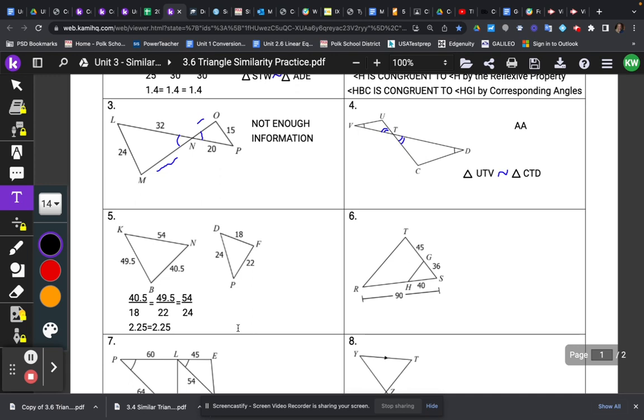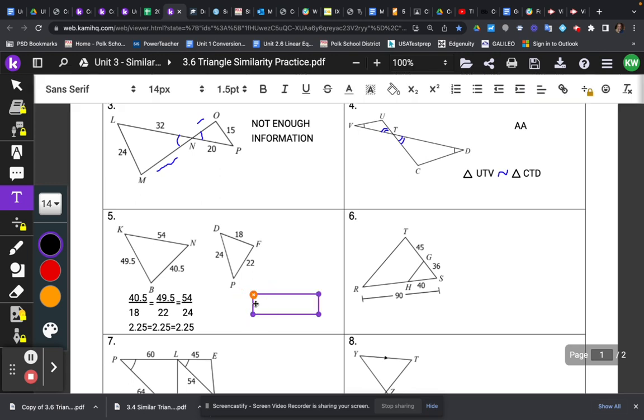Don't make any assumptions. All three have to be 2.25 to be equal. It looks like it's a winner. All the sides are producing the same equivalent decimal. And now we know what? We can prove that these triangles are similar based off of side-side-side.